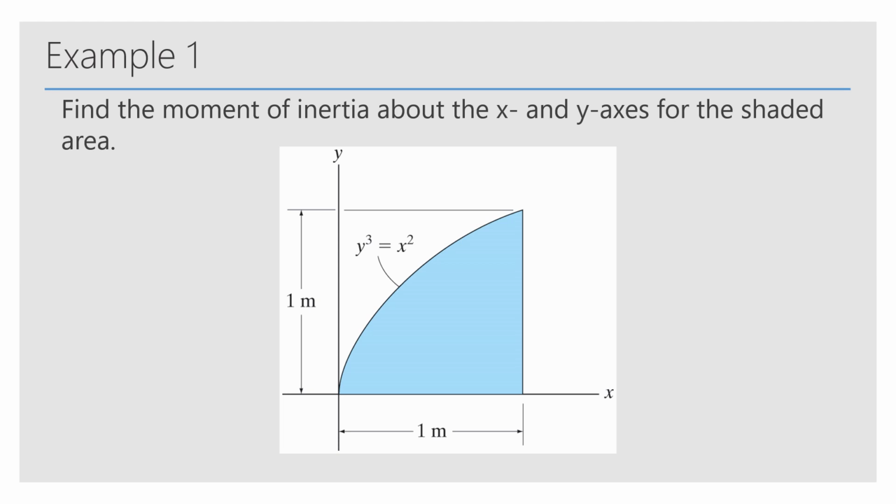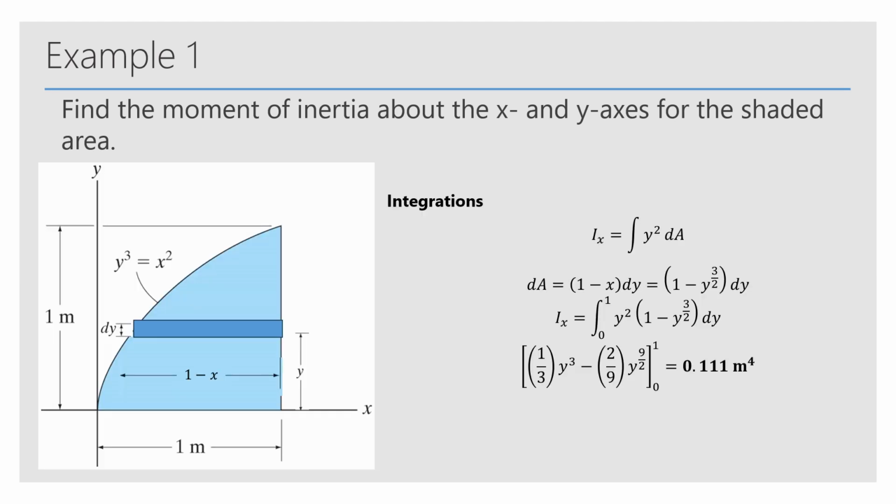Let's take a look at our first example. It asks us to find the moment of inertia about the x-axis and the y-axis for the shaded area. It gives us the curve represented by y cubed equals x squared. In our integrations here, we have the inertia for x equals the integral of y squared dA, the change in area.